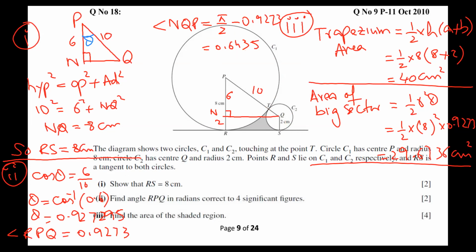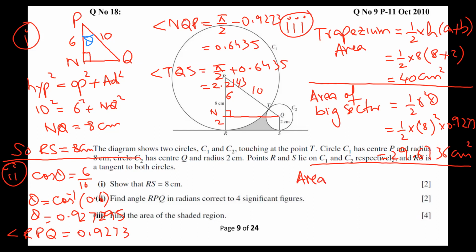So the angle TQS equals pi by 2 plus 0.6435. Let's find this value: the answer from here, plus pi by 2, comes to 2.2143 for accuracy.